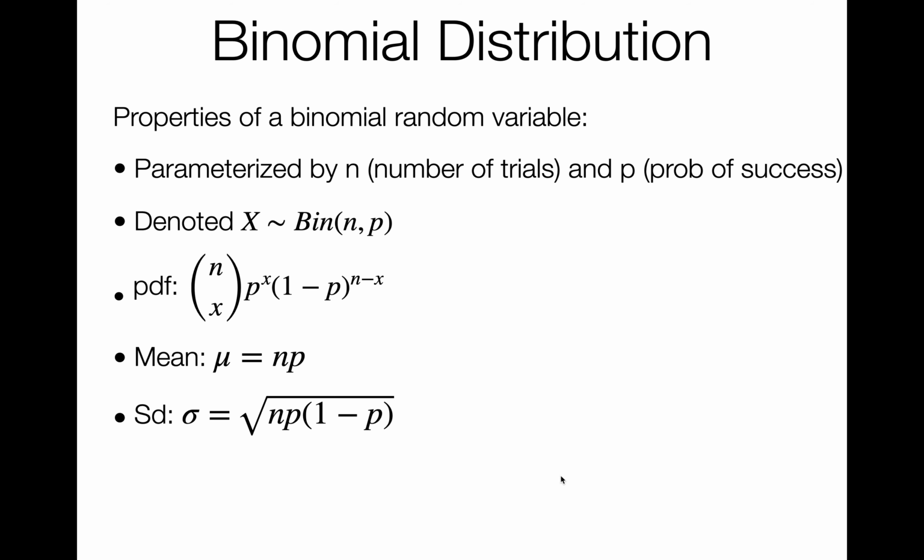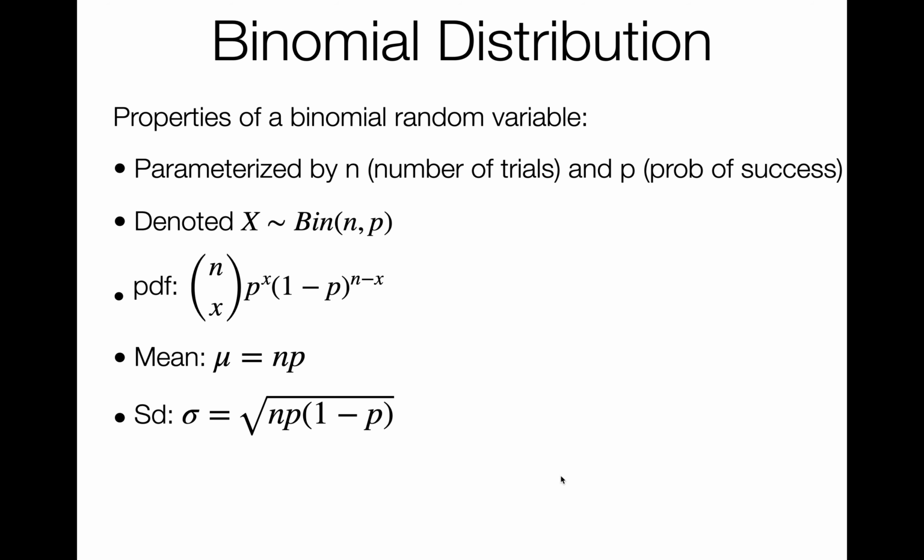And so there's a formula for that. N choose x is really n factorial divided by x factorial times n minus x factorial. So it's a little complicated, but that's the first part. We'll come back to that.